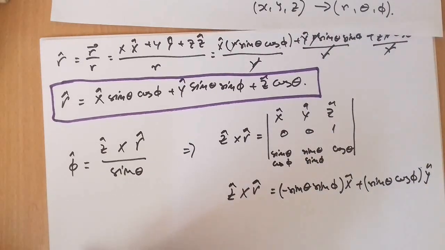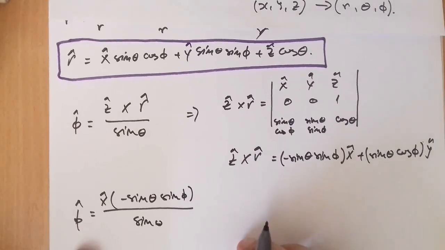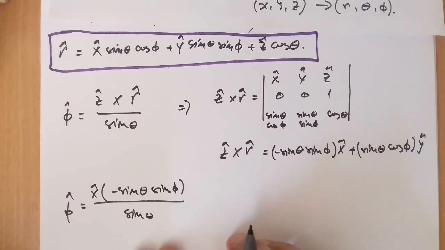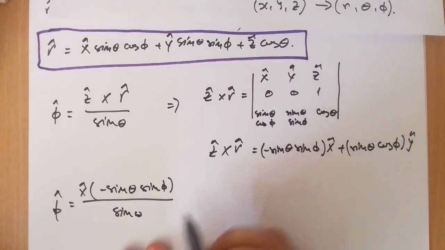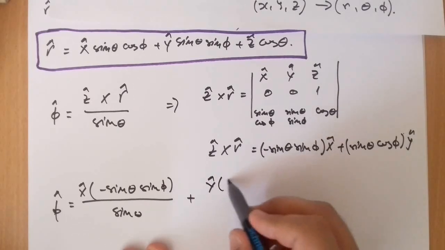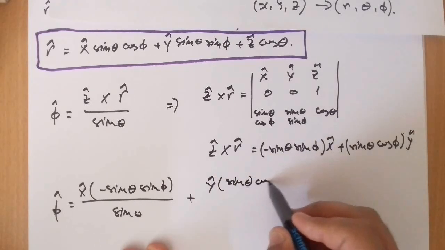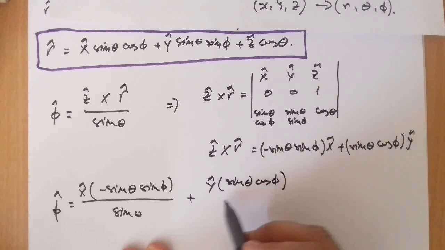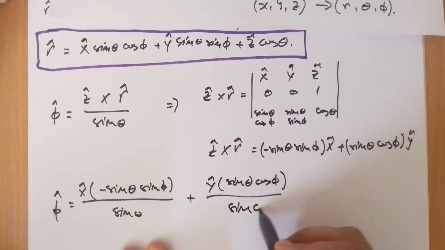So for phi, in the x direction we have minus sine theta sine phi divided by sine theta, plus in the y direction sine theta cosine phi divided by sine theta.